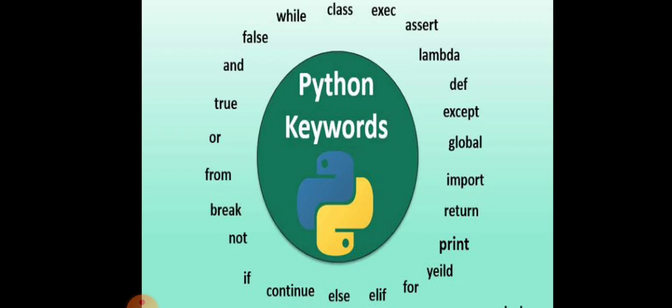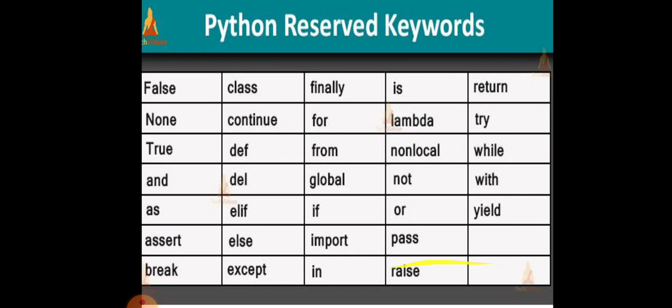For checking the list of keywords, or to know how many keywords are available in Python, first of all we import keyword. We write the statement import keyword and then print keyword.kwlist. When we run these two statements, we get the list of the keywords available in our Python.